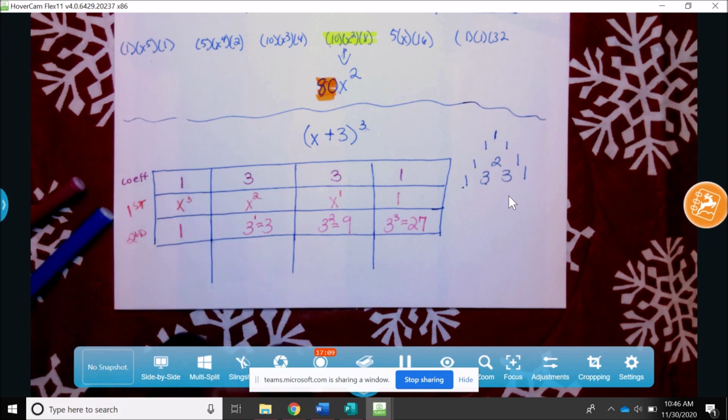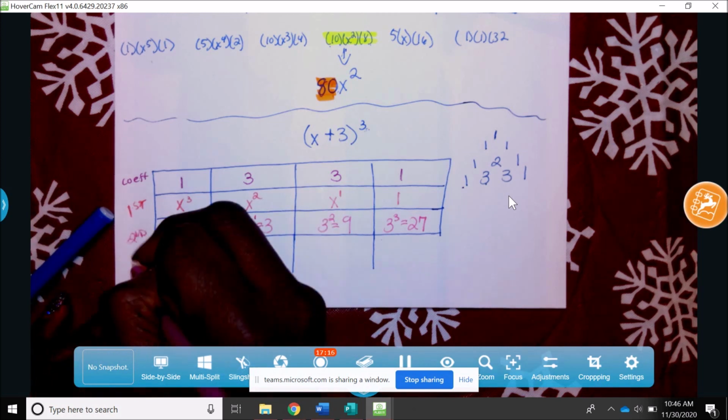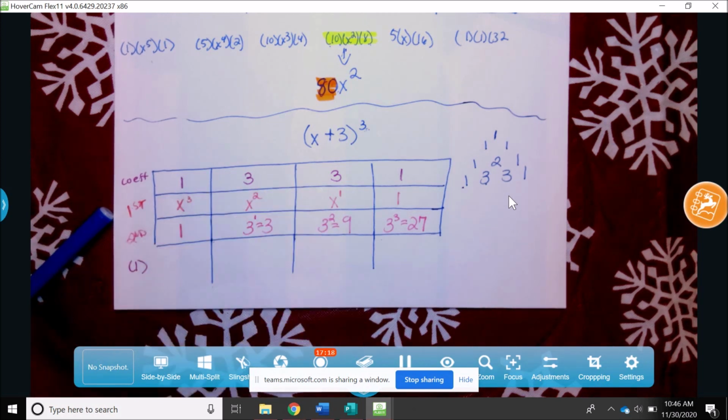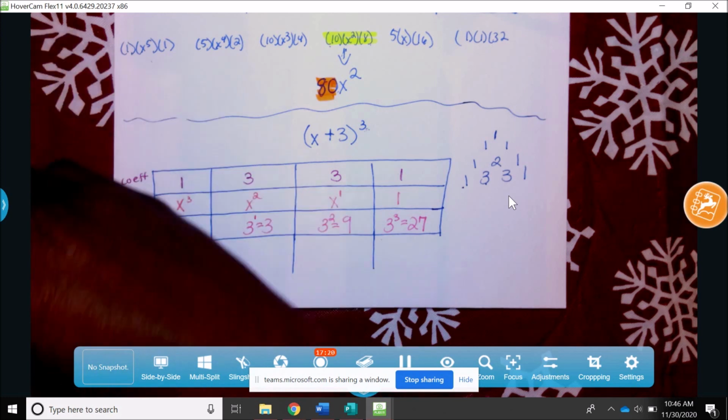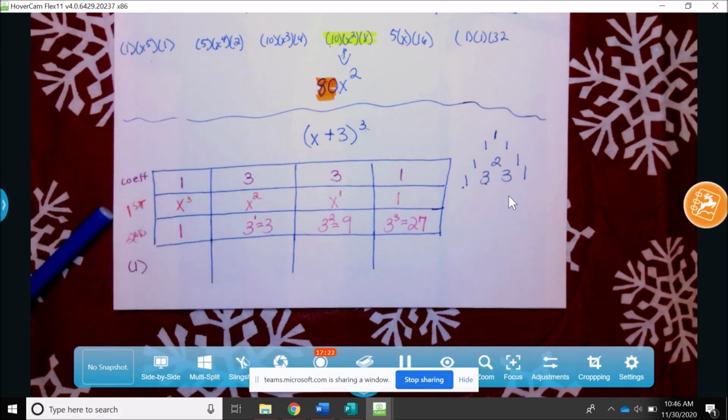So we have, straight down, right? Yes. So I have 1. Did I use the right one? I probably didn't.